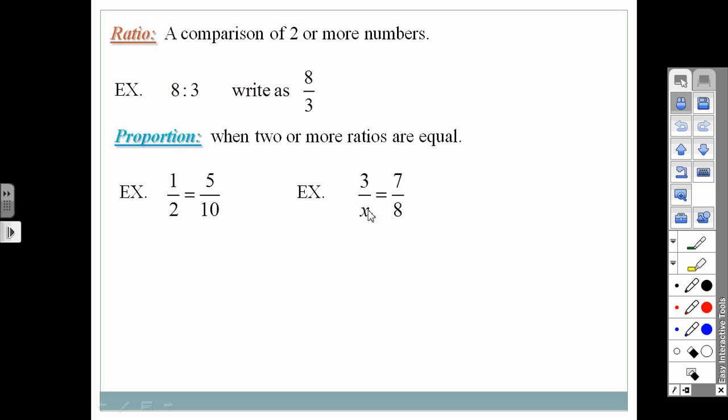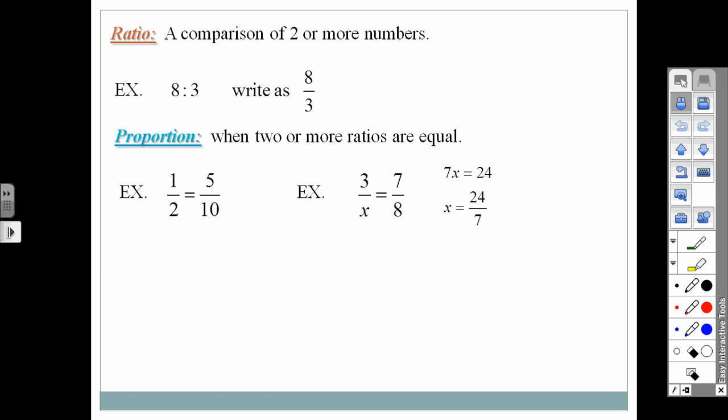So we can take the x and multiply it to the 7, and that will equal the 3 multiplied to the 8. So we end up getting 7x equals 24, and then when we solve for x, you get x is 24 over 7. So this number down here didn't necessarily have to be an integer. It could be a fraction, which is fine. So those are ratios and proportions.